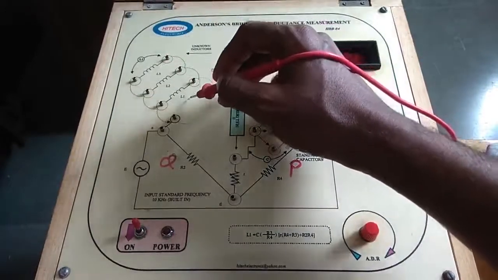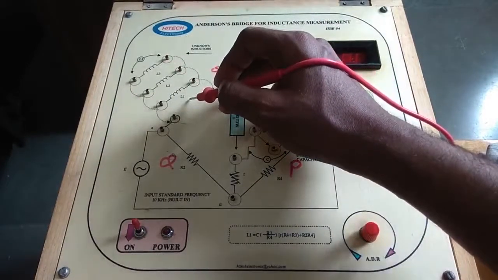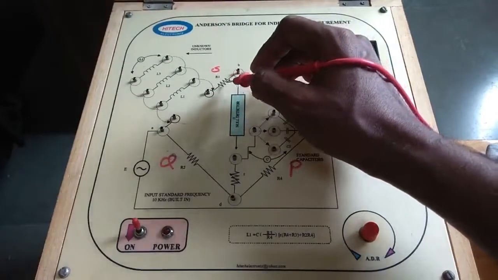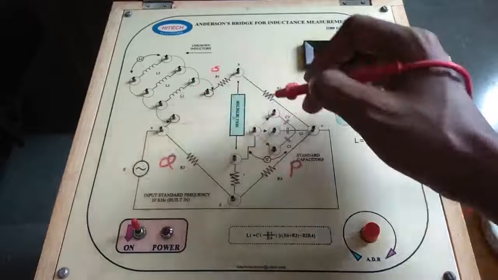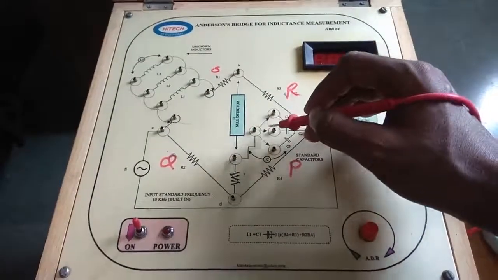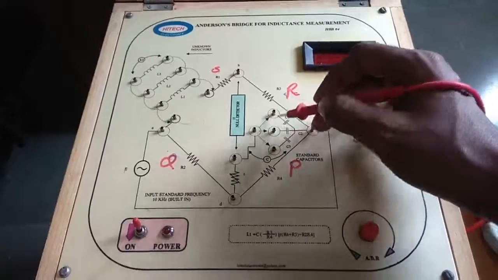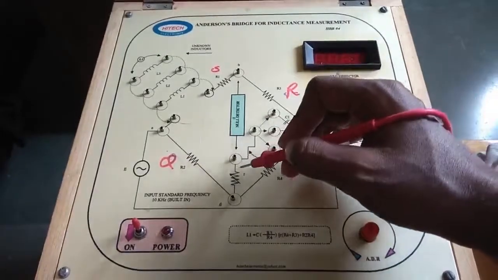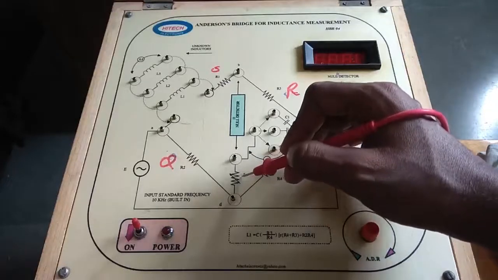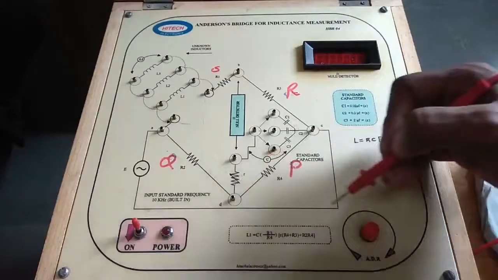We will connect them one by one to find the value of the inductor, and resistor R1 named S connected in series with this, and a capacitor is also there, a standard capacitor. There are 3 capacitors, we will connect them one by one. And the resistor small r, this is the variable resistor r. We will vary this with the help of this pot.